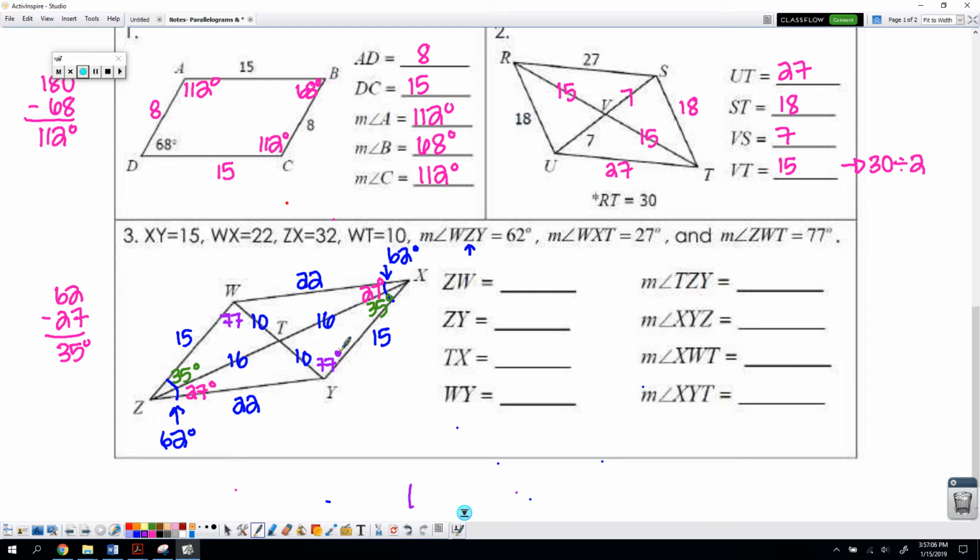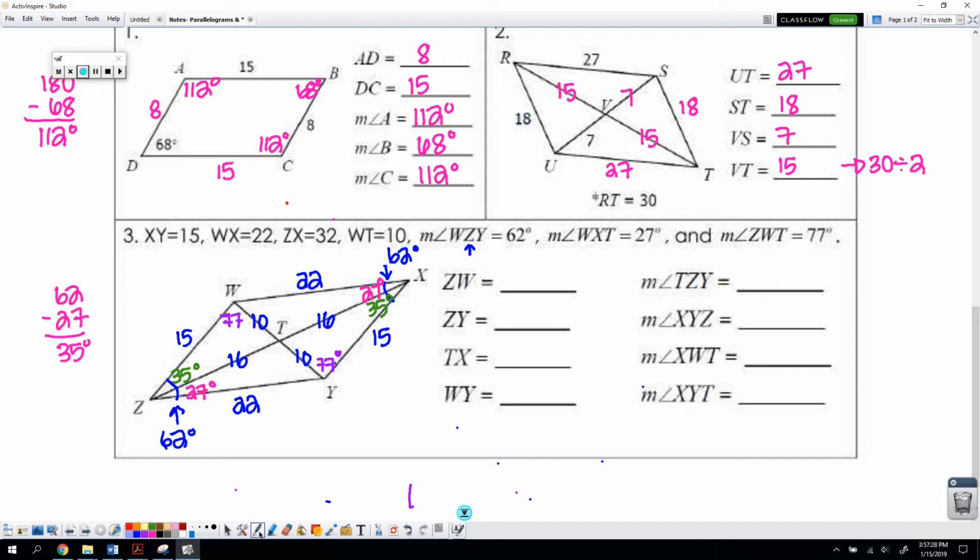So one thing we could do is see that W and Z are consecutive angles, so we would add them to be 180 degrees.